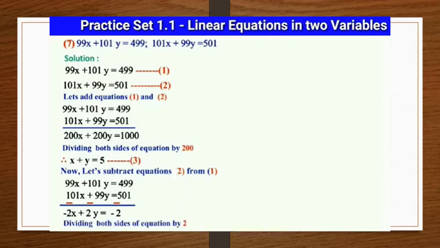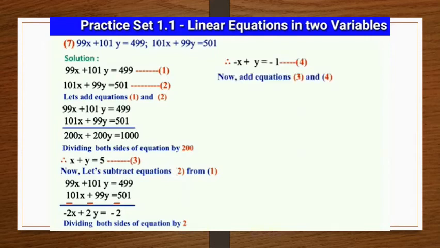Can you see now we have 2 in common with all three terms. So let us divide both sides of this equation by 2. When we divide by 2, we will get minus x plus y is equal to minus 1. Let's number it as equation number 4.